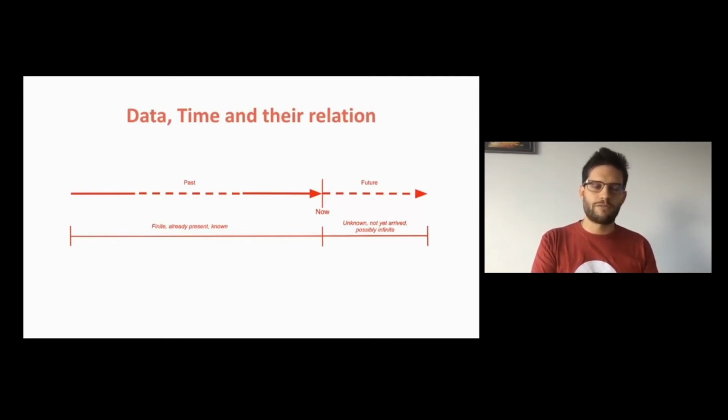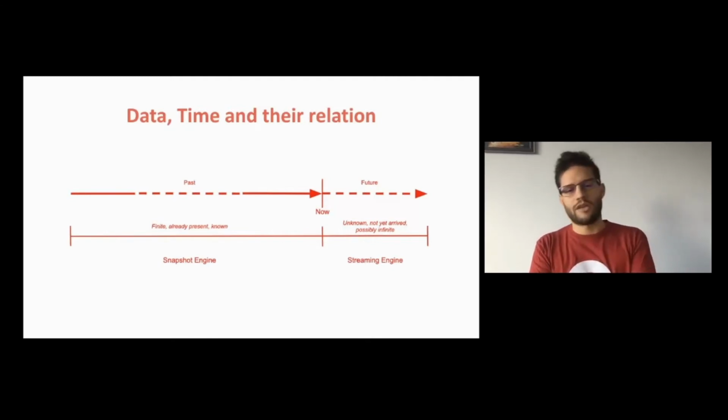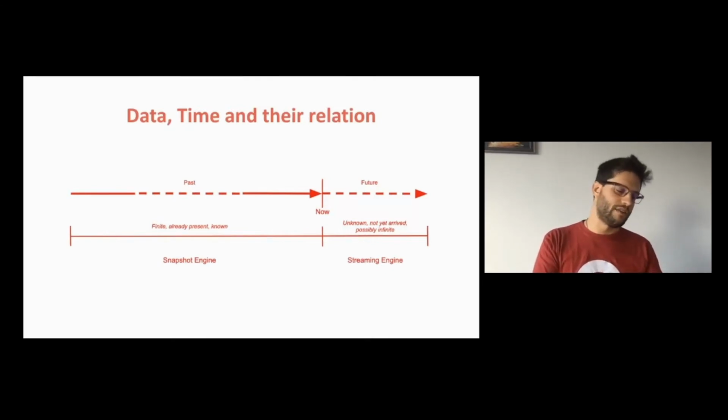So you kind of feel that these are intrinsically two different approaches to data, and obviously you need two different tools. In Lenses, these two tools are called engines, and we have two engines. We have a snapshot engine and a streaming engine, respectively, to handle data that is already present, asking synchronous questions to this data, and a streaming engine that handles the shaping of a blueprint for processing in the future.